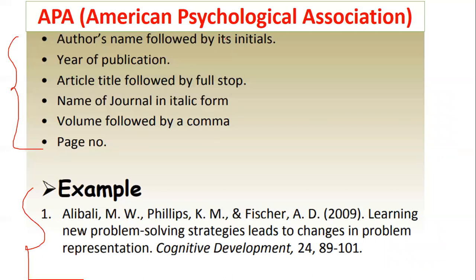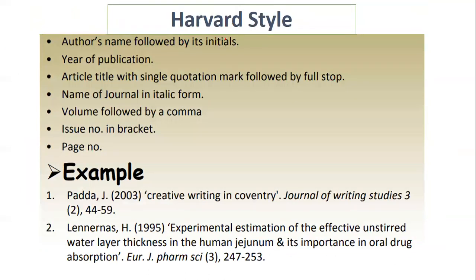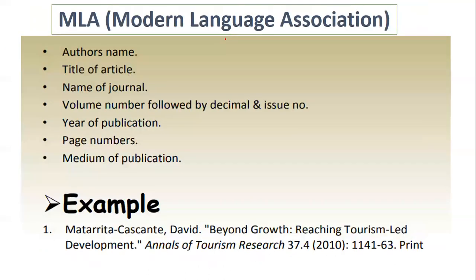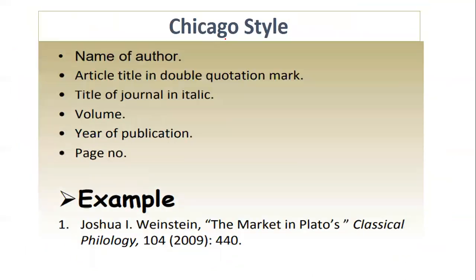I've listed APA style, that is American Psychological Association, Harvard style with an example, MLA, that is Modern Language Association, again with an example, and the Chicago style. The name, the article, the journal, the volume, the publication, the page number, all have to be a part of your style. Every style has a different presentation, and every style should be listed in a very specific way.